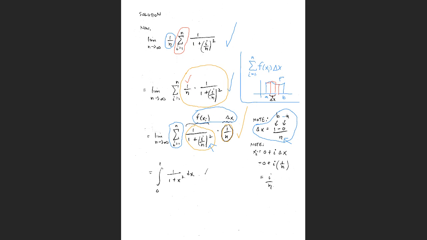We have x sub i equals a plus i times delta x.